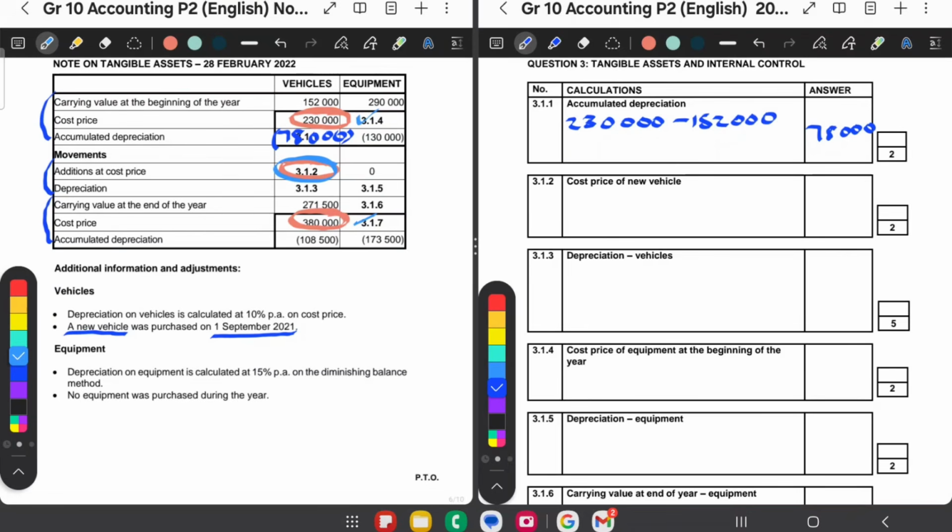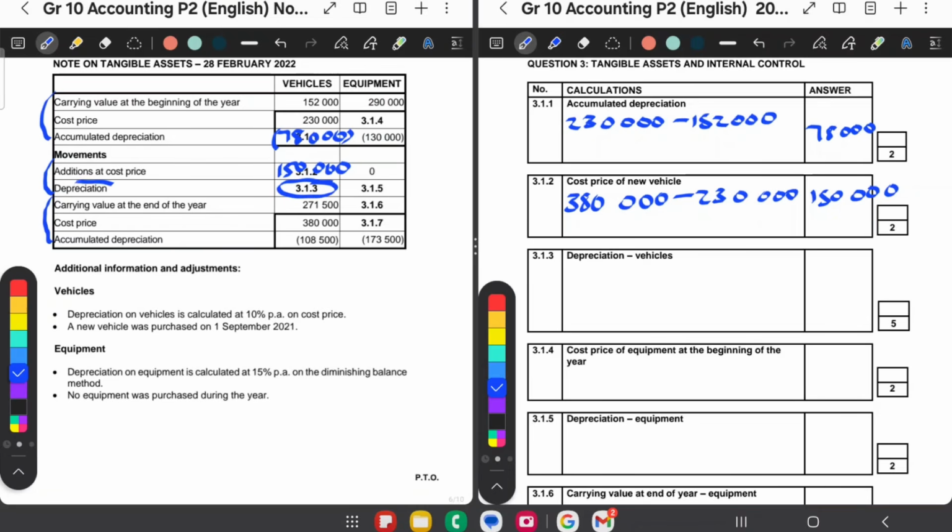So I'm going to write that down. 380,000 minus the cost price there at the beginning will give me this middle value, and that is 150,000. And you can always go check your answer. So let's put that in. So this is 150,000. So this plus 150,000 will give me that. That works out nice.